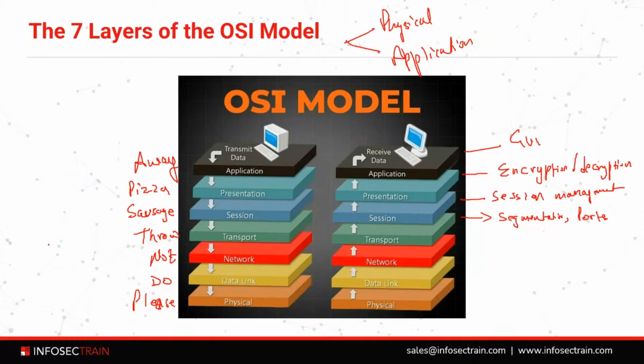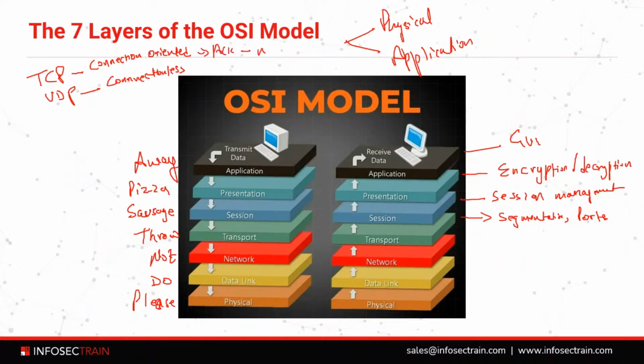There are two protocols used in transport layer, TCP and UDP. TCP stands for Transmission Control Protocol, UDP stands for User Datagram Protocol, and TCP is called connection oriented and UDP is called connectionless. Why? Because TCP sends acknowledgement.